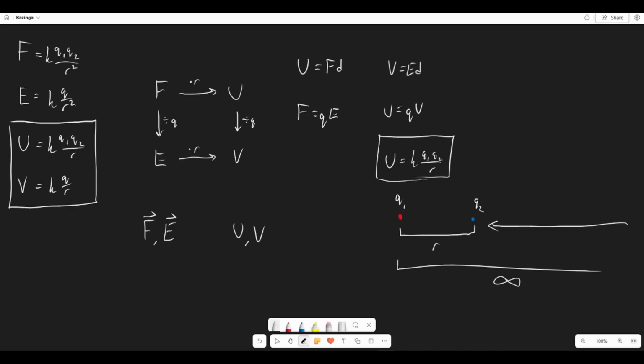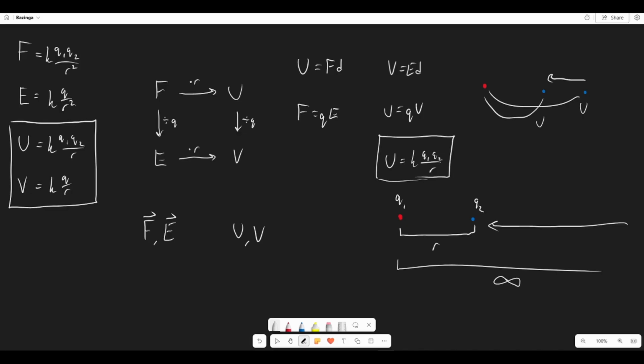Now the reason this is important is because if I have some problem that involves two particles and it asks how much energy does it take to move this particle from here to here, then you can very easily find that by determining the potential energy of the system between these two and the potential energy of the system between these two and finding their difference.